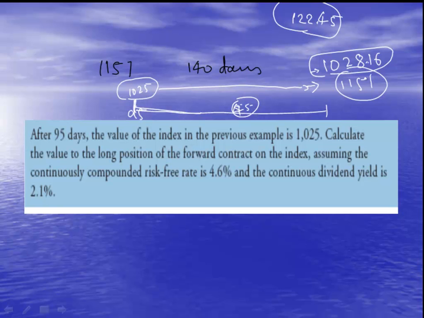Now what we need to do is take the present value of this amount. Save this number STO1. While taking present value, use only 4.6%, because now you simply want to take present value. So 4.6% into 45 divided by 365, second e raised to x, take the inverse of this number and multiply with RCL1.